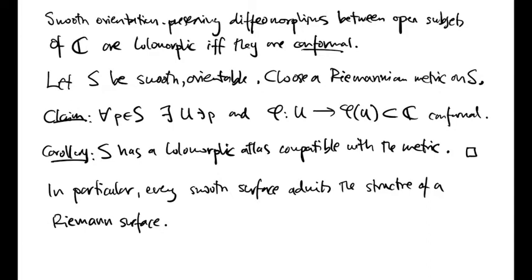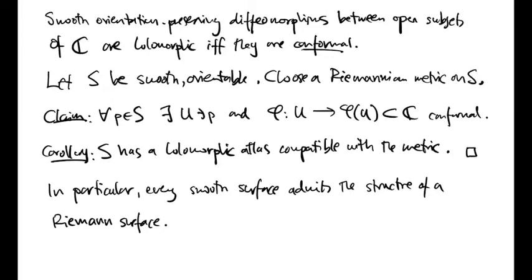So if S is a smooth orientable surface, we can choose a Riemannian metric on S and then ask whether we can find open subsets in the neighborhood of each point and a diffeomorphism from that subset U to a subset φ(U) in the complex plane, which is conformal as a map from the Riemannian metric on S to the Riemannian metric on the complex plane.